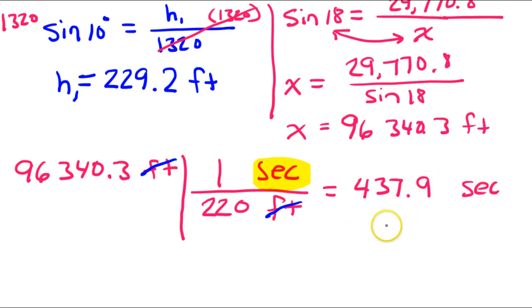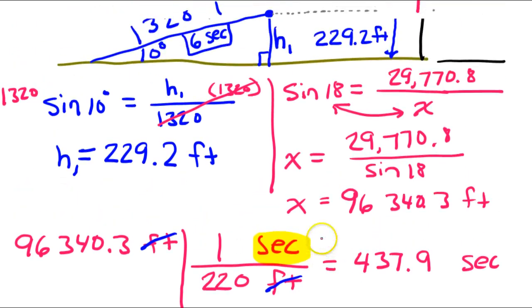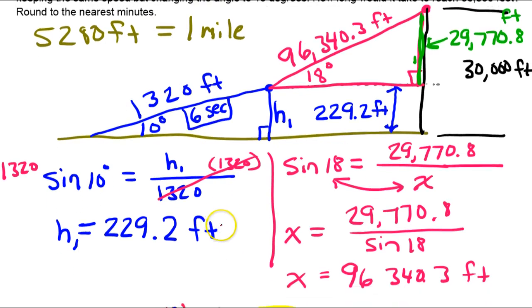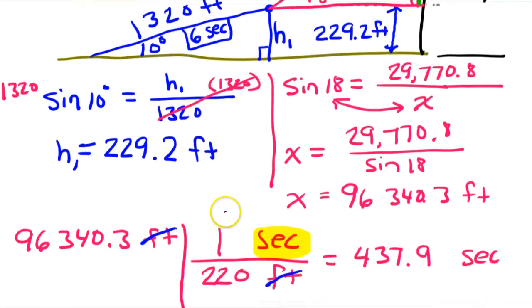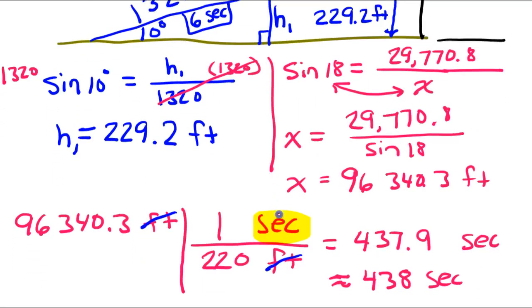They wanted us to round to the nearest minute, but now would be a good time to at least round to the nearest second. So this is approximately 438 seconds. Let's write that down, 438 seconds.